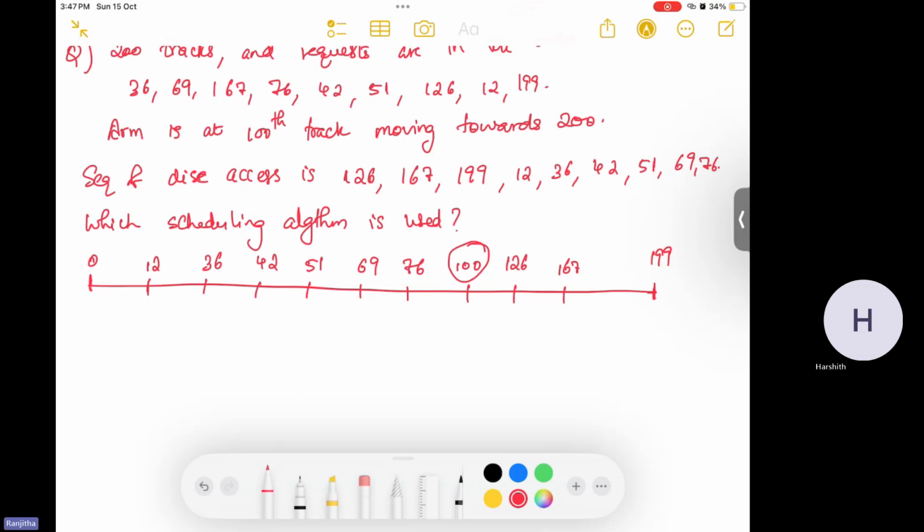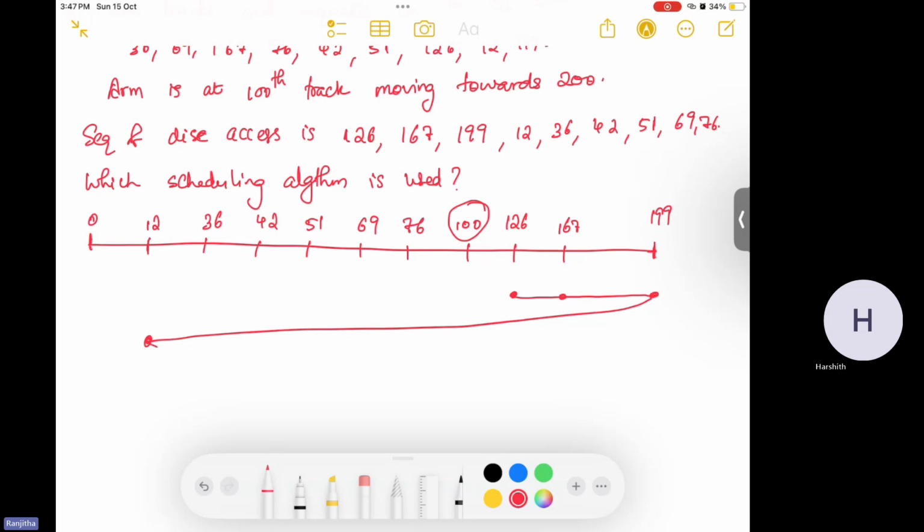So these are the disk accesses. But the access sequence is given as 126, then 167. Then it accesses 199. Then after that, it comes to 12.